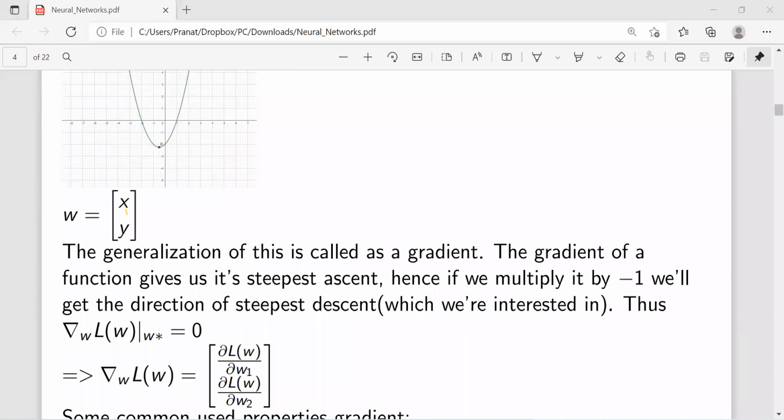So the gradient of a function, of a multivariable function, I should say, gives you the steepest ascent. Steepest ascent meaning obviously the maximum slope. It gives you the direction of steepest ascent. Thus, we need to minimize our loss function. So we need the steepest descent. So we just multiply it by -1 and we get our steepest descent.